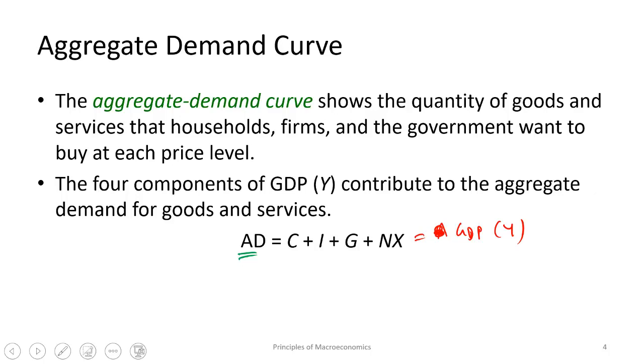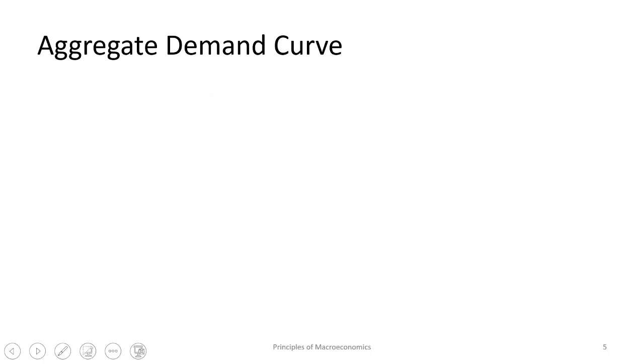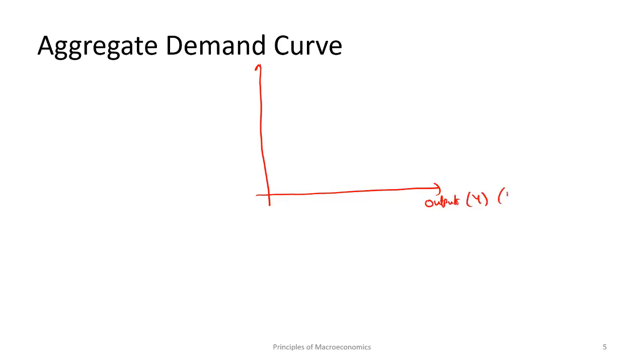So let's now try to draw an aggregate demand curve. We'll do the same thing. This is again output, which is also Y, in real billions of dollars. We measure the aggregate price level, which is CPI.